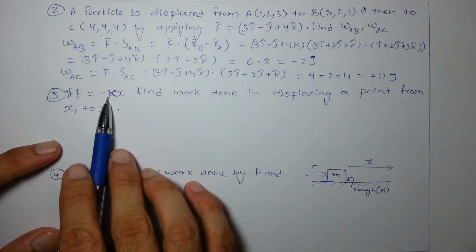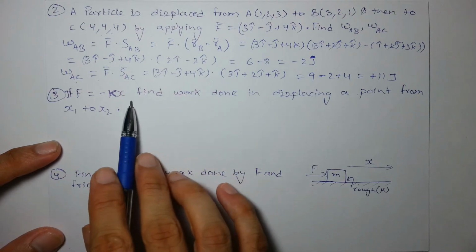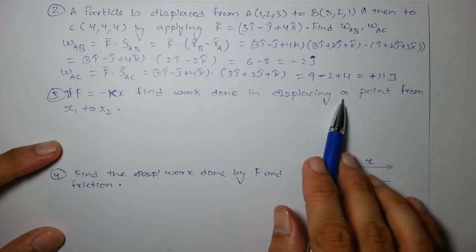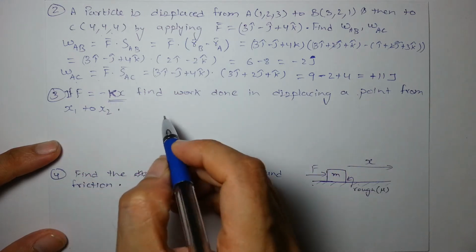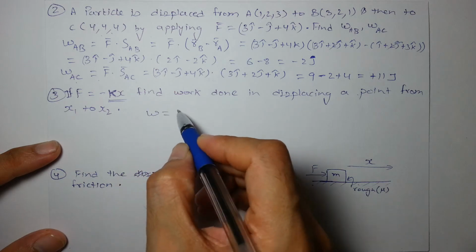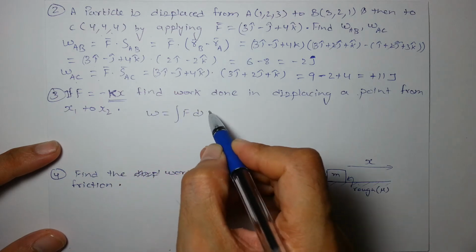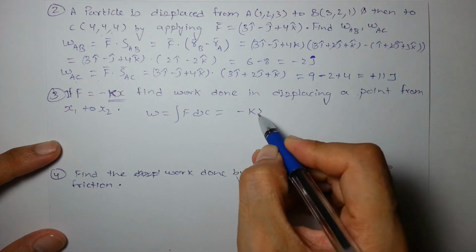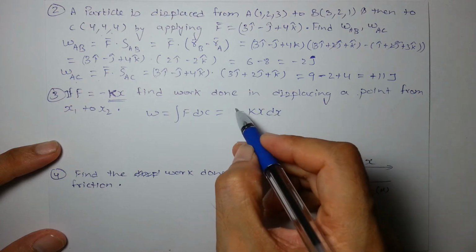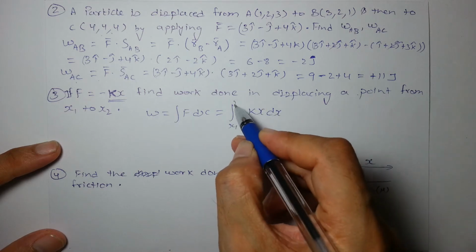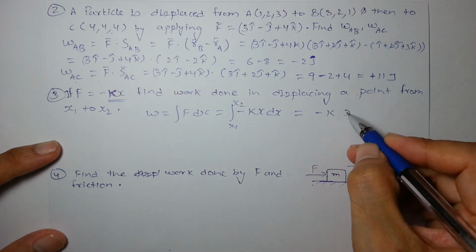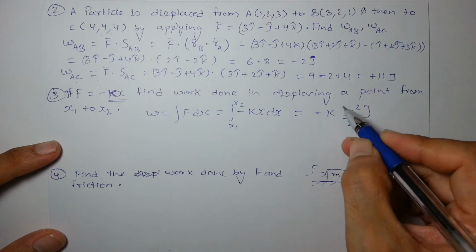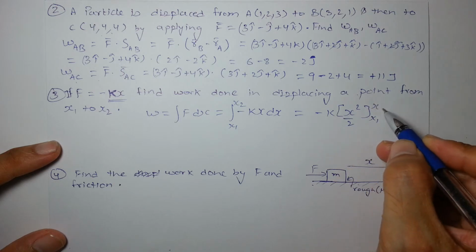What if a force of minus kx acts on a particle and it displaces from x1 to x2? Again, we can say the force is variable, so we have to integrate F dot dx. The force is minus kx dx. Again, from x1 to x2, we will get minus k common, x square by 2, putting the limits as x1 to x2.